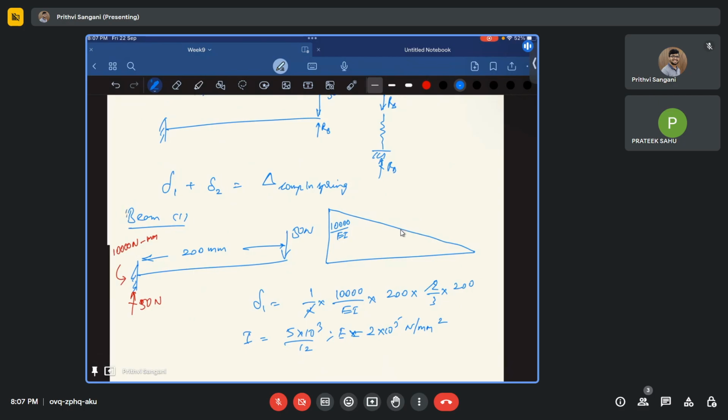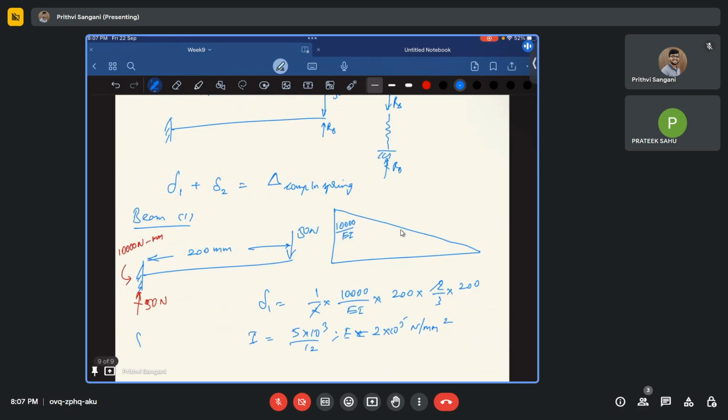So delta 1 is going to be 200 into 200 times 10,000 divided by 3 times all these things. So this is going to be 1.6 mm. You can verify this again. I have already calculated, so I'm just writing down the answer. Delta 1 is 1.6 mm.